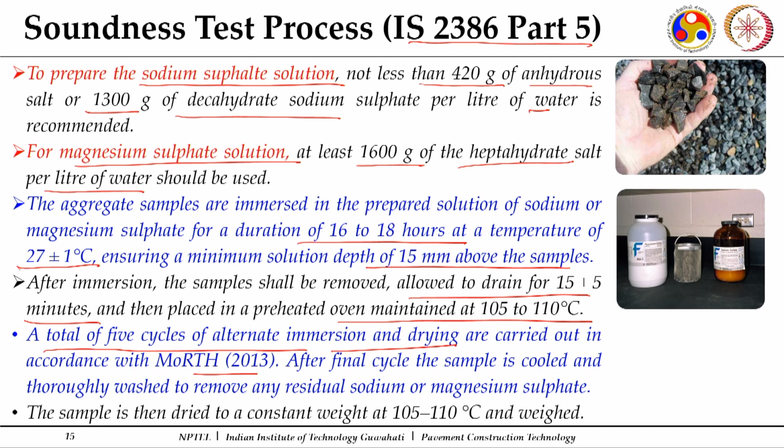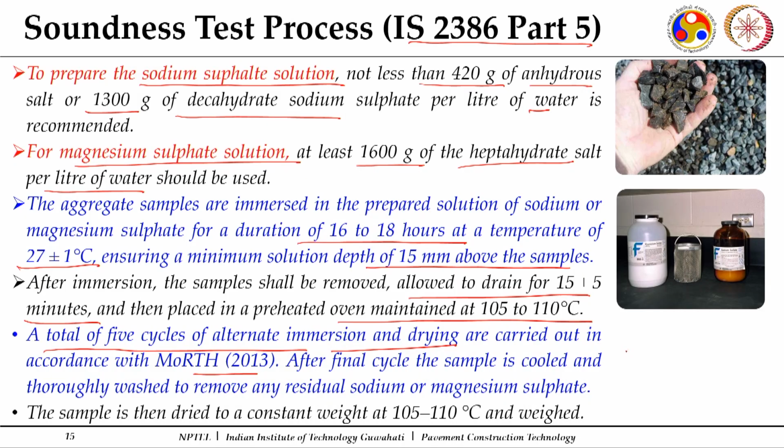And then the loss of weight is measured. How much loss of weight is there once the sample is oven dried and sieved? If more sample is lost, that means the aggregate is weak and less durable. The requirement is also different when sodium sulfate salt is used and when magnesium sulfate salt is used.